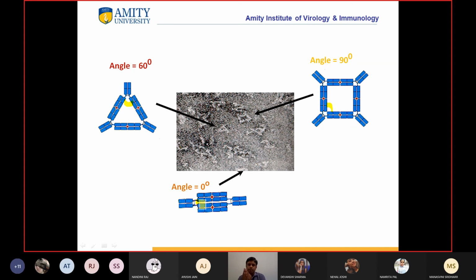So basically this hinge region is providing flexibility to the arms, or the Fab region, so that it can hold on to the antigen, right? Depending on the antigen, it may have to open up or it may have to close. So this flexibility is provided at the hinge region, okay, clear?